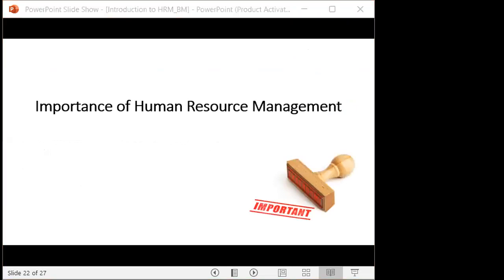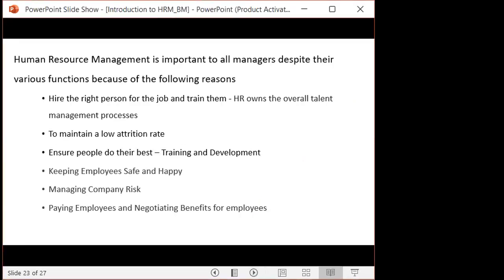Right. So now we are going to see why HR is so important in an organization. That is very simple. So please try to understand these main 6 points, the importance of HR, and if you cannot understand or need any further explanation, please tell me.